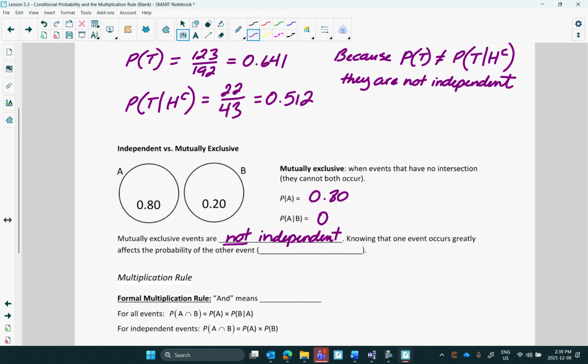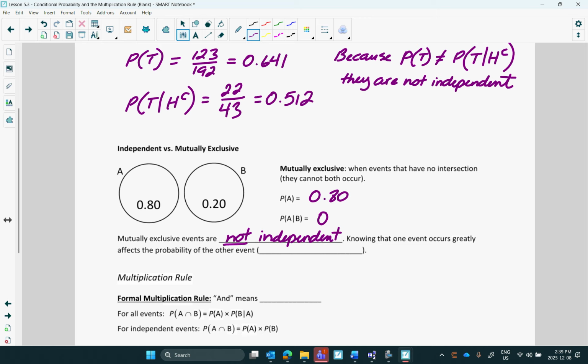Think of it this way. If I put actual events here, and I'm going to go back to the male and pregnant. So let's say that this event is selecting a male, and this event is selecting a female who's pregnant. Obviously, both can't happen at the same time. So what's the probability of selecting a male in this situation? 0.8.